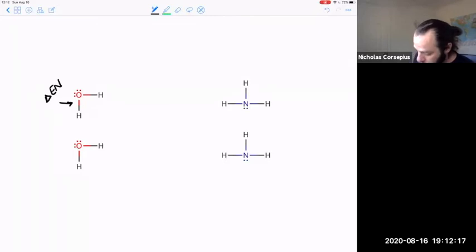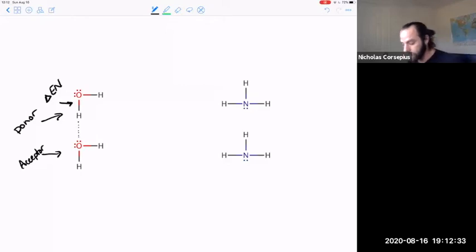We actually call this one the species with the hydrogen, the donor, the hydrogen bond donor. And then the other one would be the acceptor. And of course, it's the connection between that donor hydrogen and that acceptor lone pair. That's that hydrogen bond, right? When I'm referring to a hydrogen bond, that's what I'm talking about, that connection there.